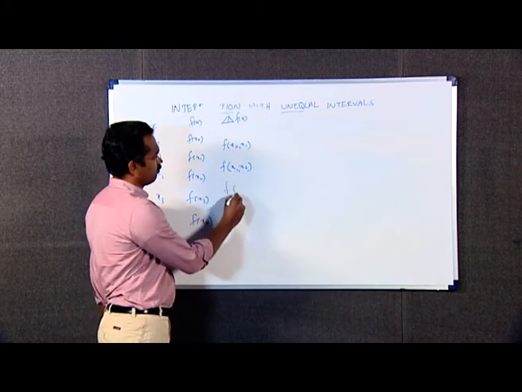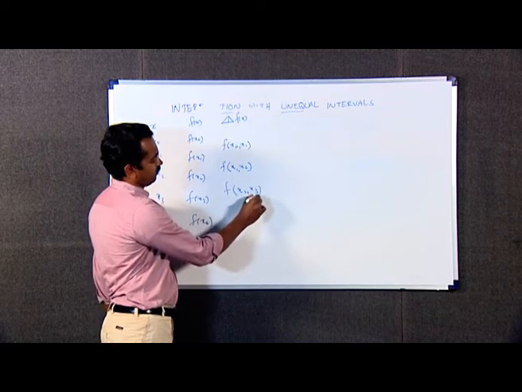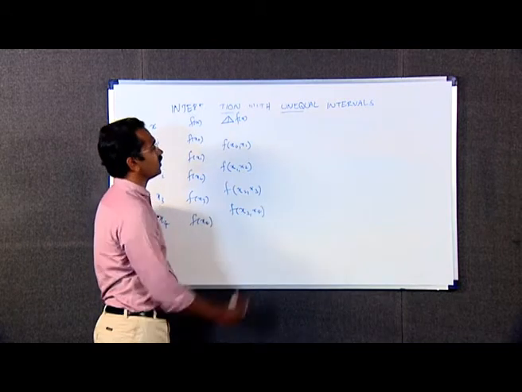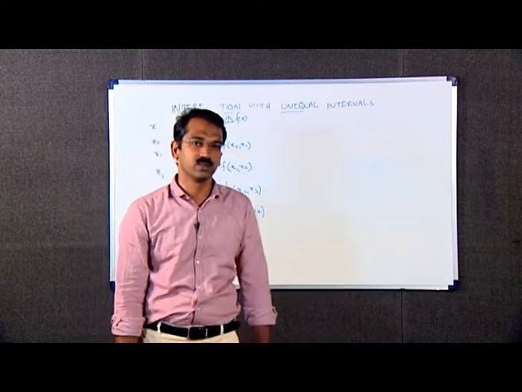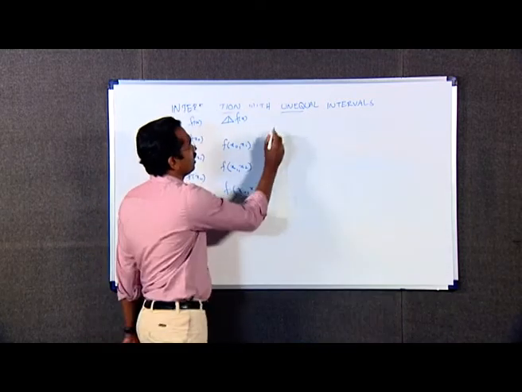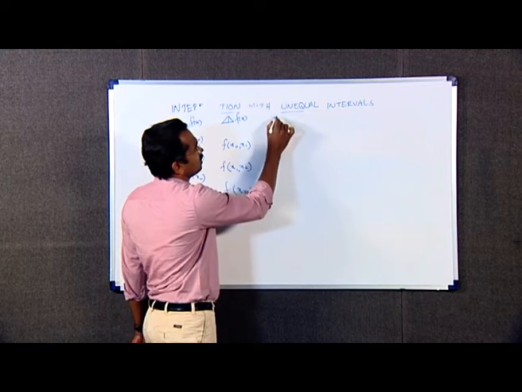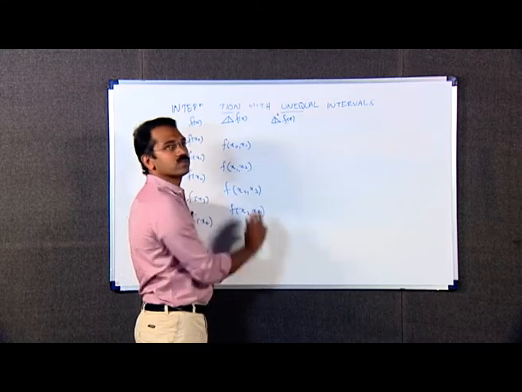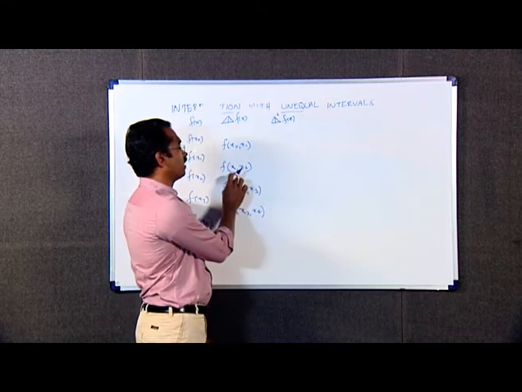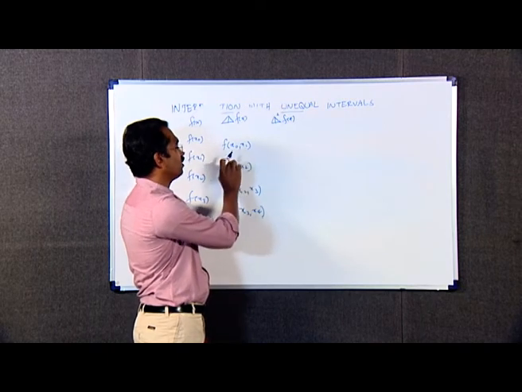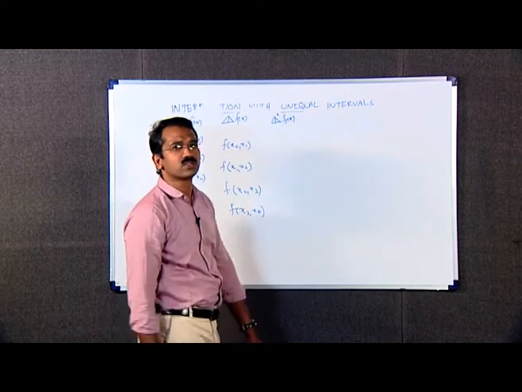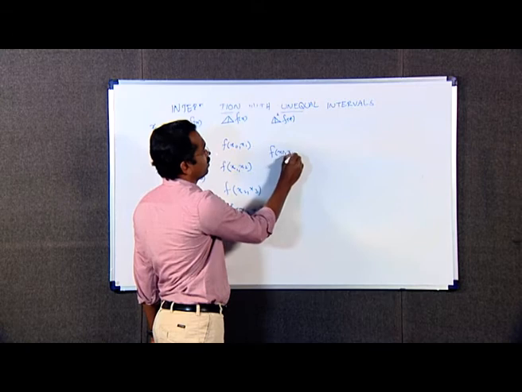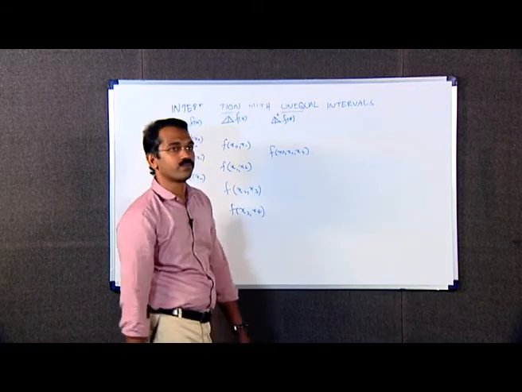Similarly, here f of x2 comma x3, here f of x3 comma x4. These are the first divided differences. The second divided differences are divided delta square f of x, that is f of x1 x2 minus f of x0 x1 all divided by x2 minus x0, which is denoted as f of x0 x1 and x2.